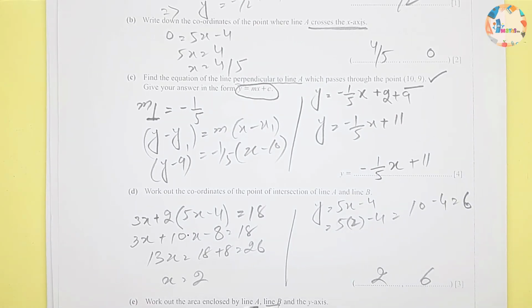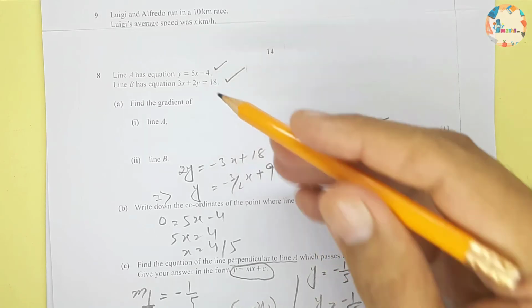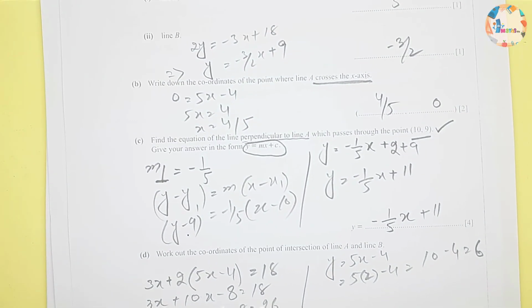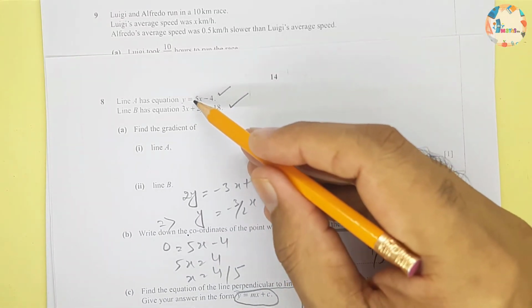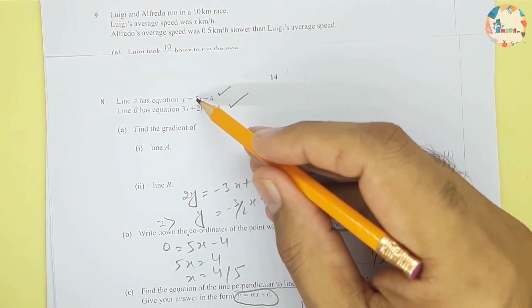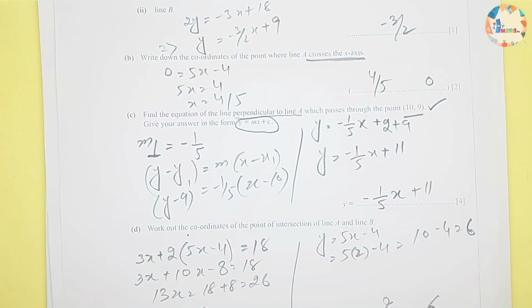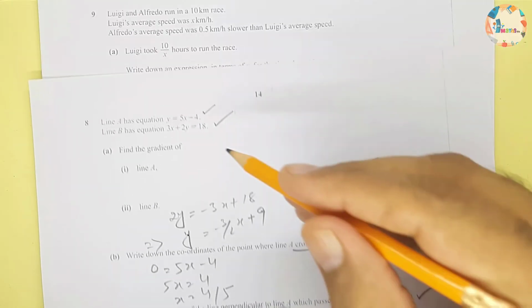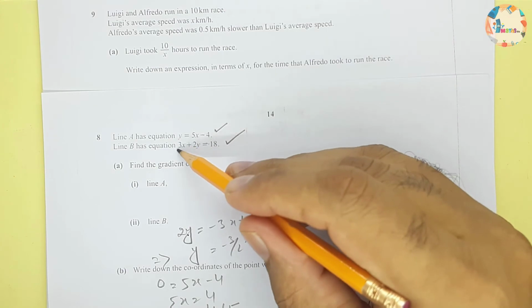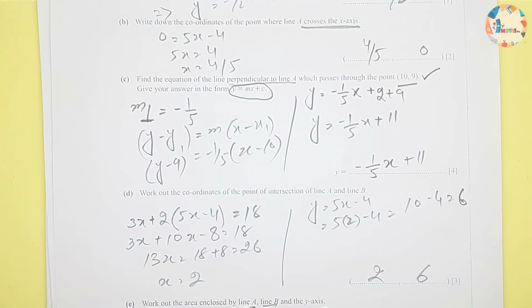So 0.8 and 0, we have this point. Then we have these two equations from where we can get the points. If we replace x is equal to 0, we will get y is equal to minus 4. So it will be 0 and minus 4. And if we replace x is equal to 0 in this equation, y will be equal to 9, so we will get 0 and 9.